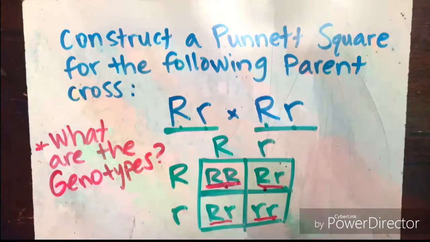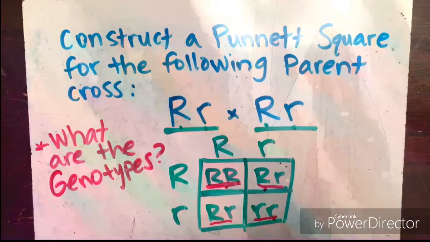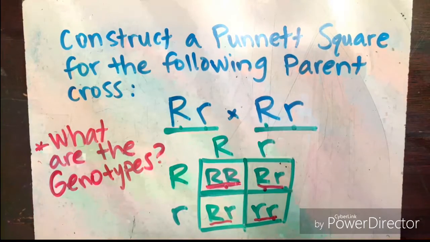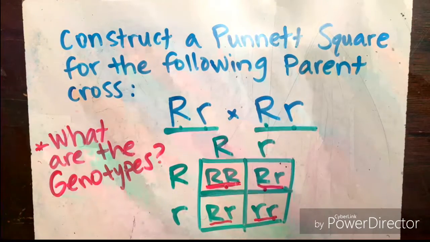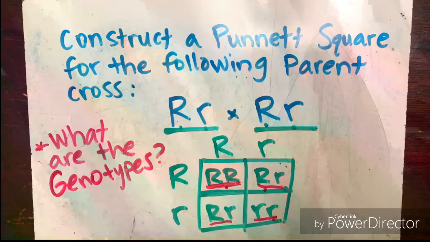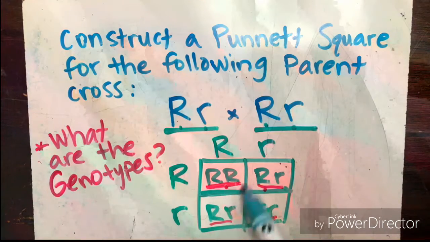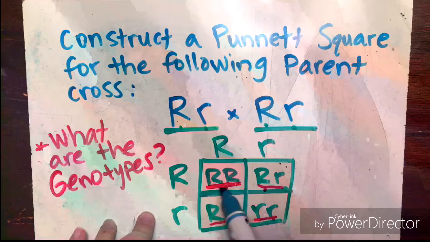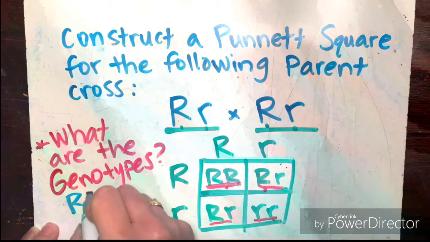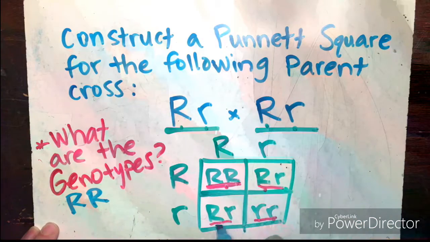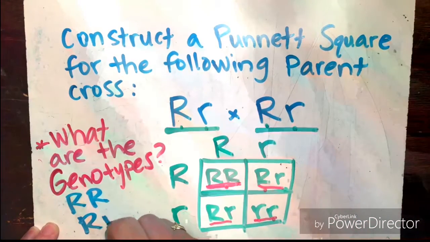So now if we are asked to provide the genotypes for these potential offspring, we would talk about the genotypic makeup. So the actual genes. So for one of them, the genotype would be big R, big R. For two of them, it would be big R, little r.